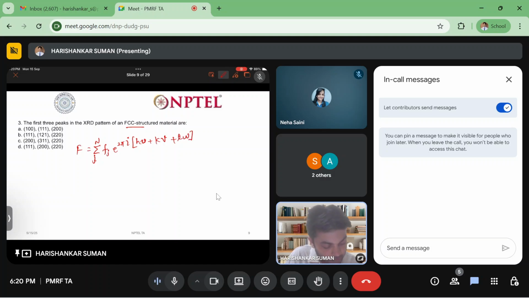This is the expression for it. Can you calculate this structure factor for simple, body centered and face centered cubic? Let me calculate for you first, simple cubic, then you will calculate these two.